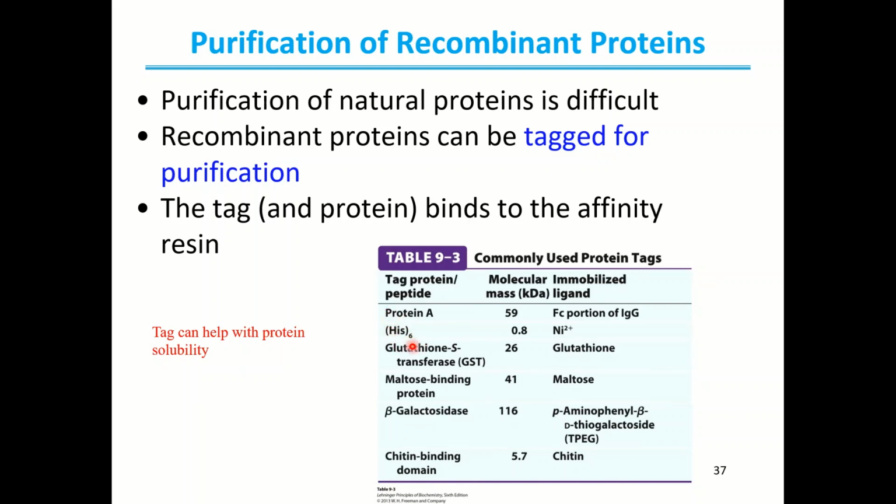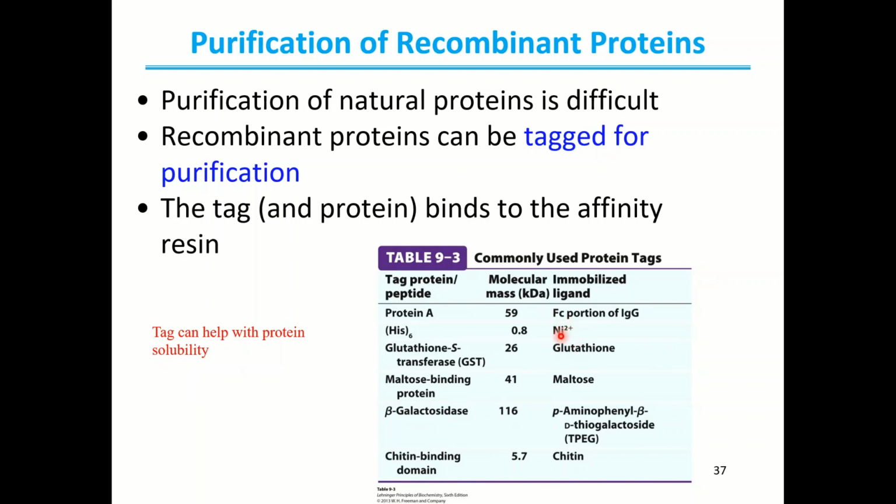Those are histidines, something like 6 histidines in a row, either at the front of your protein or the back. So the N-terminal or the C-terminal part of your protein, you can add 6 histidine residues, and those bind very well to the nickel 2+ cation.